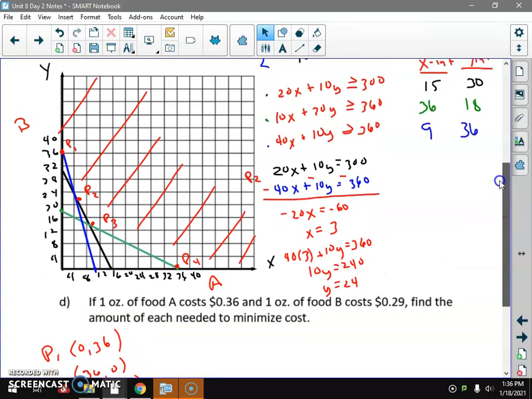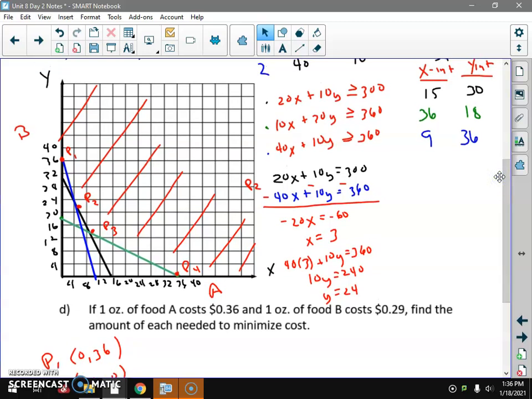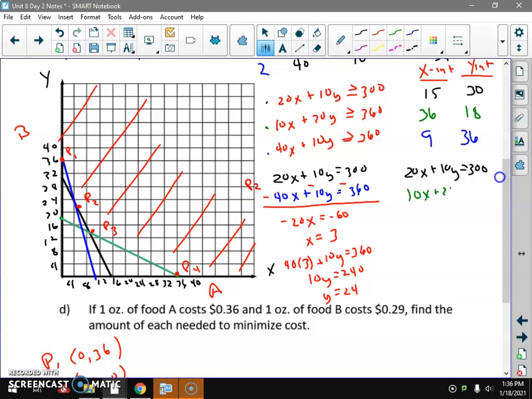P3 is the intersection of green and black. Sorry, my bad. Black first: 20x plus 10y equals 300. Green: 10x plus 20y equals 360. I'm going to multiply the bottom equation by negative 2.